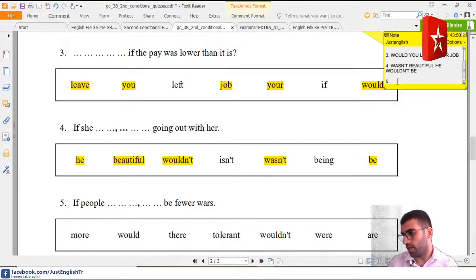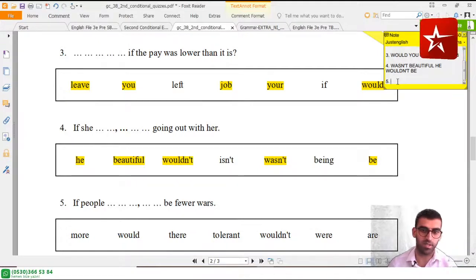Okay. And don't forget to choose the 5 words, not 4 words. Okay, Tuko, Gülsafa, you choose 4 words instead of 5. Okay, guys, let's have a break time.